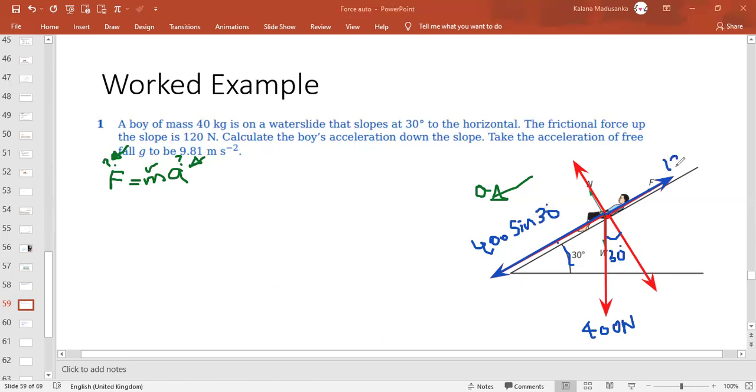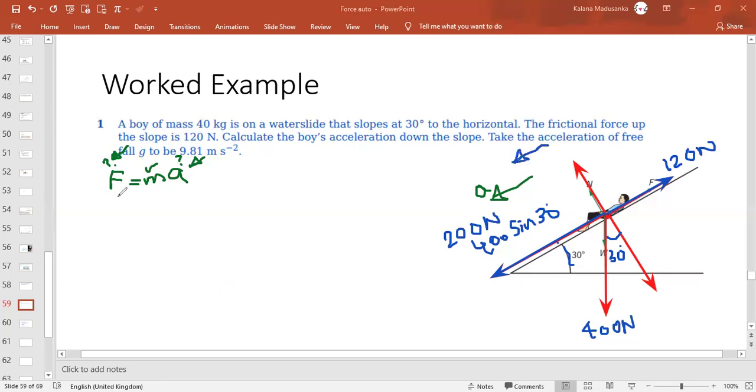Friction force is 120 newtons. Okay, 400 sine 30, I will calculate that value. Sine 30 is 0.5, which means 400 multiplied by half is 200 newtons.